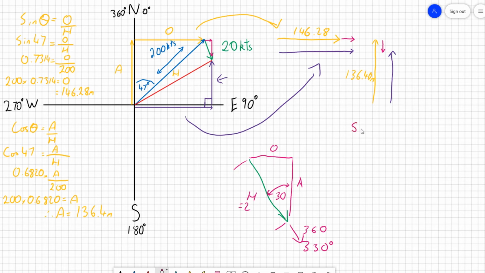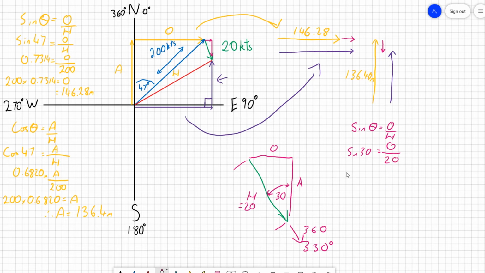Again, I'll start with sine. Sine theta equals opposite over hypotenuse. So sine 30, because of 30 degrees, equals opposite divided by 20.